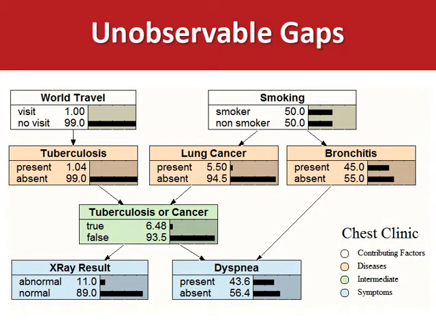Here we have a more complicated Bayesian network, but it's exactly the same as the simple Bayesian networks we saw previously. There's nodes that reflect probabilistic outcomes, true or false, and there's arcs that show probabilistic relationships. At the center of this is what we're interested in, which is whether or not the patient has lung cancer.